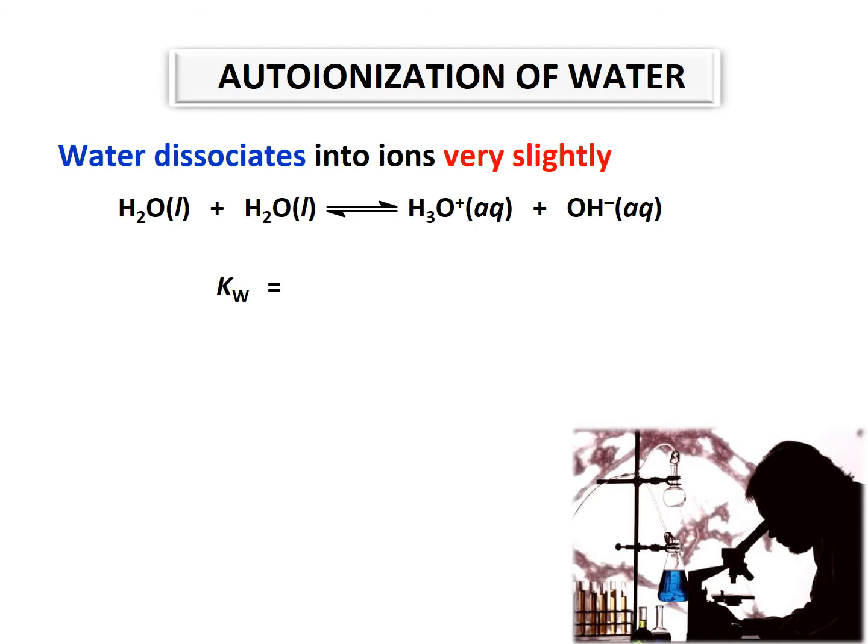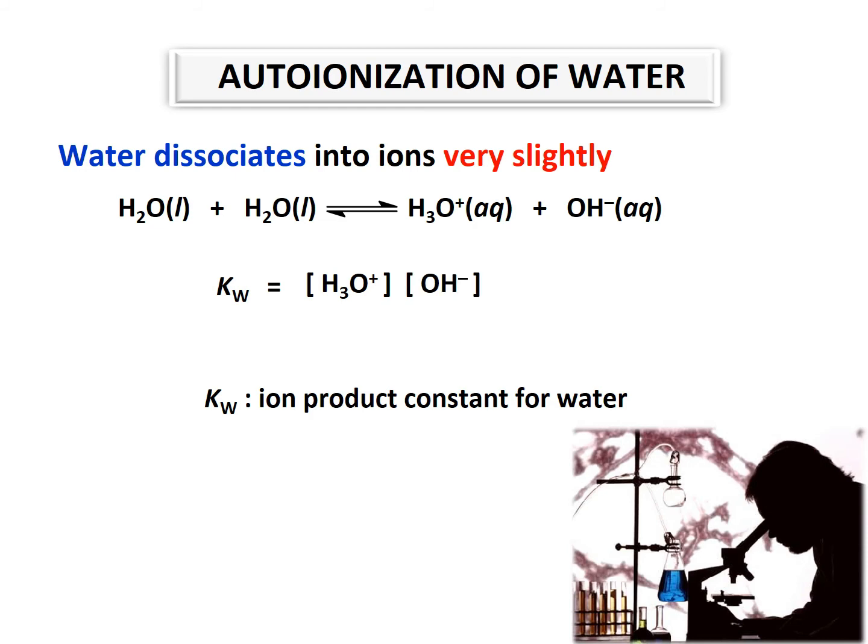Kw, a constant which is called the ion product constant for water, or sometimes called the ionization constant of water, can be expressed as the product of the concentration of hydronium ions and the concentration of hydroxide ions.